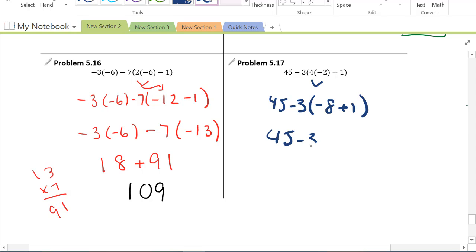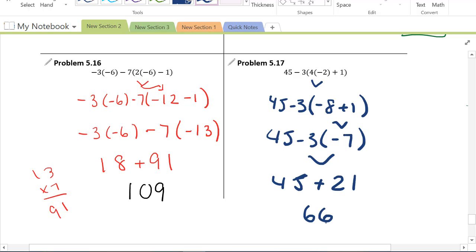So we have 45 minus 3 times a negative 7. We got 45, and then negative 3 times negative 7 is a positive 21. And then 45 plus 21 is going to give us 66.